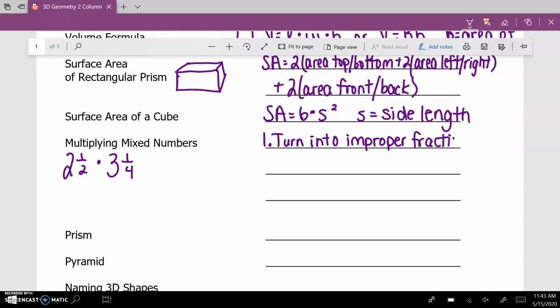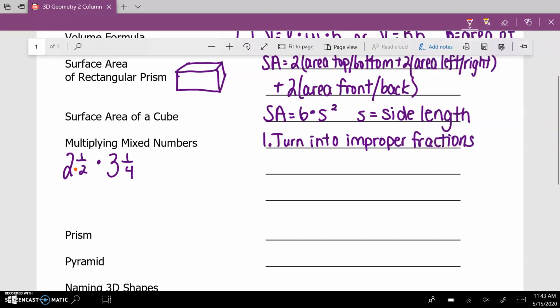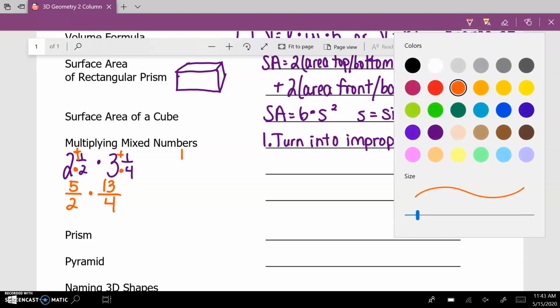To do that, you multiply going up. So 2 times 2 is 4 plus the 1. We get 5/2 times 3 times 4 is 12 plus 1 is 13/4. Okay, so that's your first step.